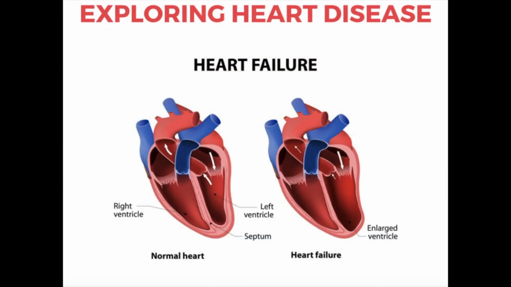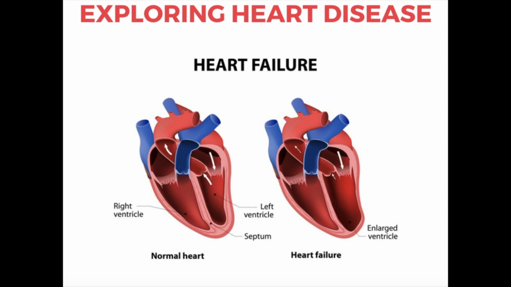Let's take a look at what's actually happening at the level of the heart when we're talking about heart disease. What I want you to be able to see is that any type of heart disease in and of itself results in some kind of failure in the normal functioning properties of the heart. What ends up happening is certain parts of the heart, whether it's the valves or some of the chambers, can be affected.